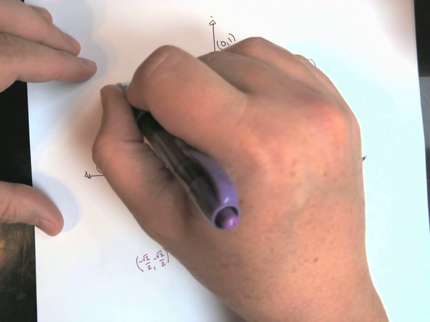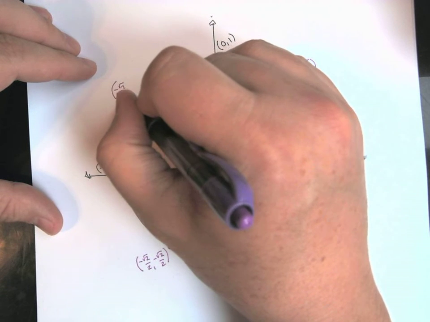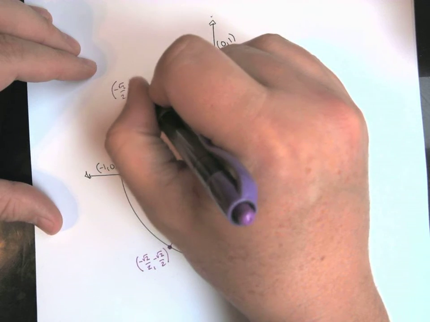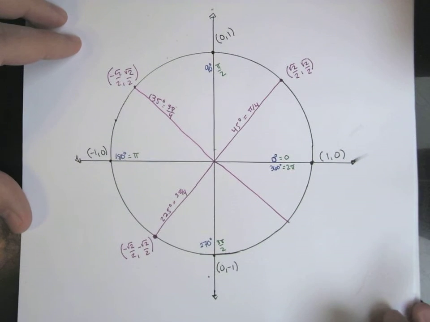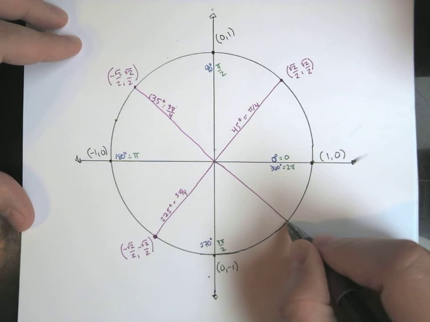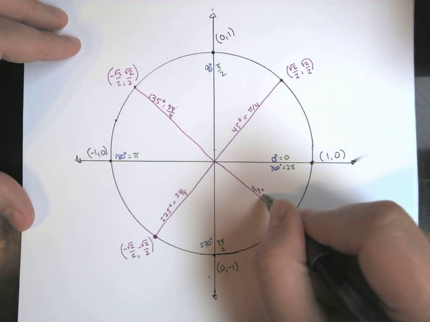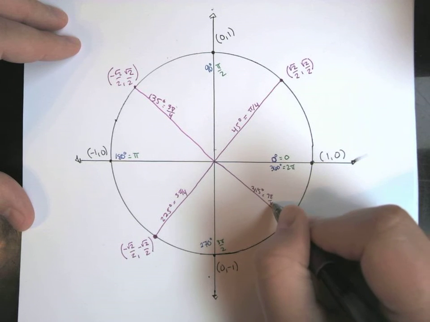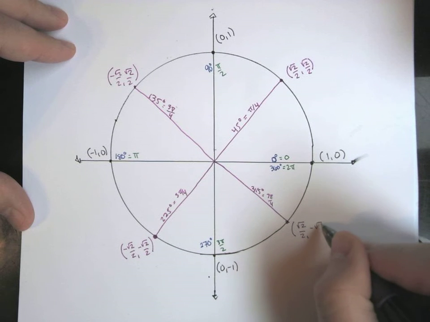Here in quadrant 2, my x is negative but the y is positive, so still working with root 2 over 2: negative root 2 over 2, positive root 2 over 2. Down here in quadrant 4, this is going to be 315 degrees, which is 7 pi over 4. So this is positive x, but then the y value is negative.